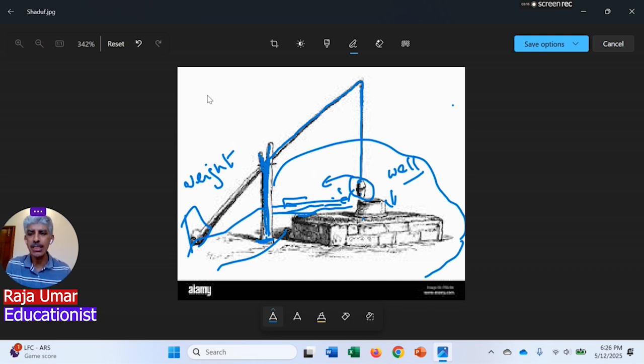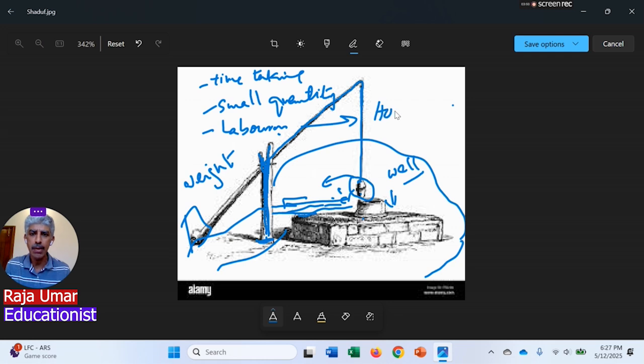So it is time taking, a small quantity of water, and might be laborious. Someone is needed to pull this weight downwards every time the bucket goes down and is filled up. So some labor is required, and it looks like this is the human labor required to pull this bucket out for the sake of gaining water.